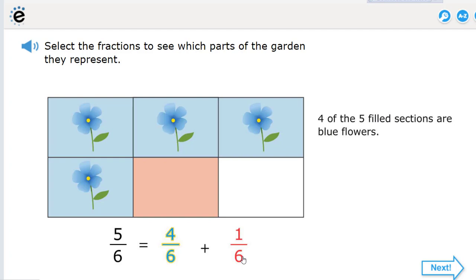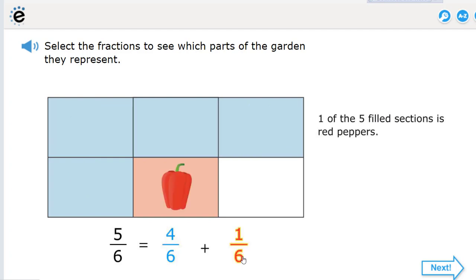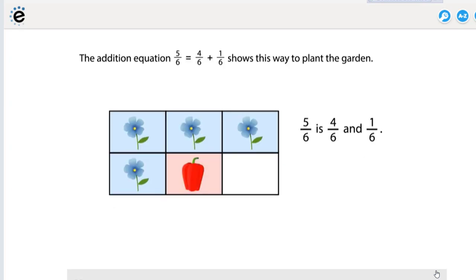It is the red pepper. 1 of the 5 filled sections is red peppers. Okay, thank you, Thamer. The addition equation 5/6 equals 4/6 plus 1/6 shows this way to plant the garden.